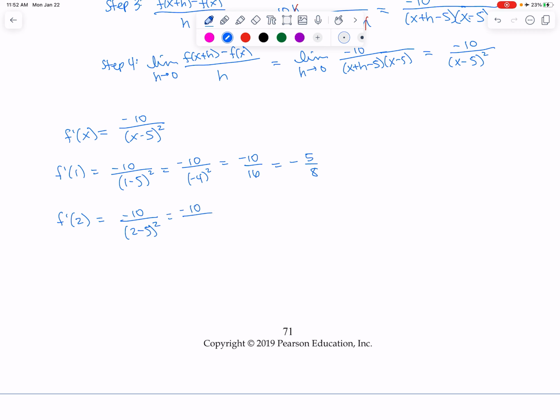So we've got negative 3 squared, negative 10 over 9.